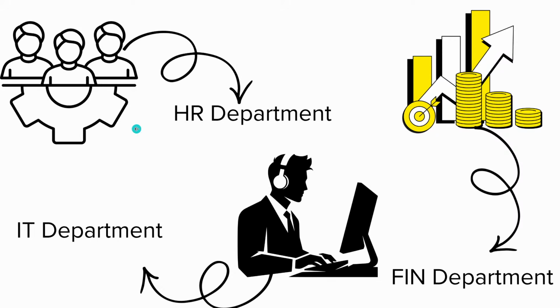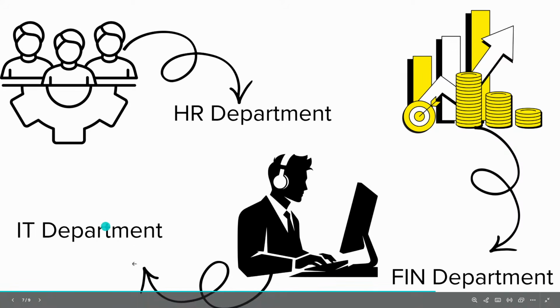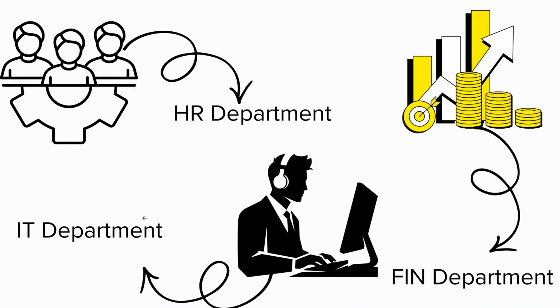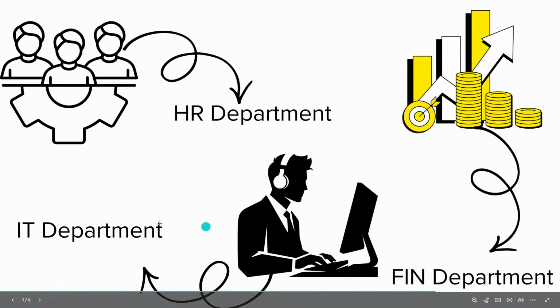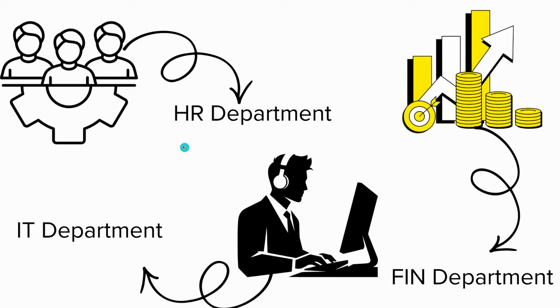So with the VLAN, HR is isolated, finance is isolated, IT is isolated. The thing is, it's the same switch, but separate networks for every department: HR, finance, IT, sales, etc.